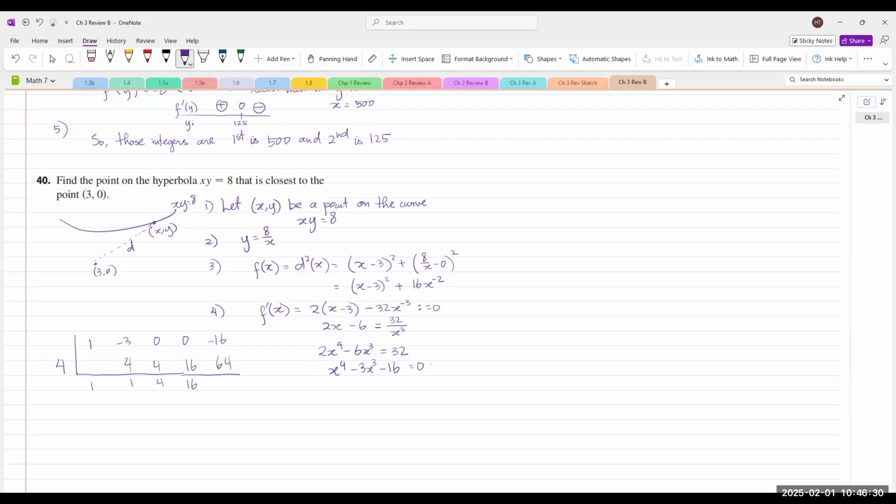Huh. I wonder what that will be. What is this? A 48? Positive 48? Am I making a mistake?